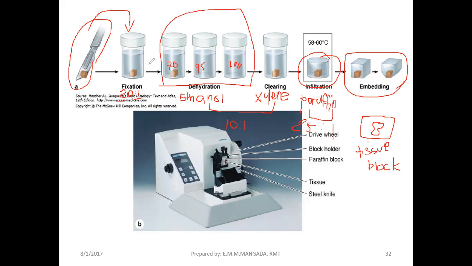Ulitin ko, for our fixation, it's 20:1. For dehydration and clearing, it's 10:1. Ibig sabihin, this is the fluid to tissue ratio. Fluid is 10 times the volume of our tissue. Sa infiltration, it's 25:1. Ibig sabihin, the fluid volume is 25 times the volume of your tissue.